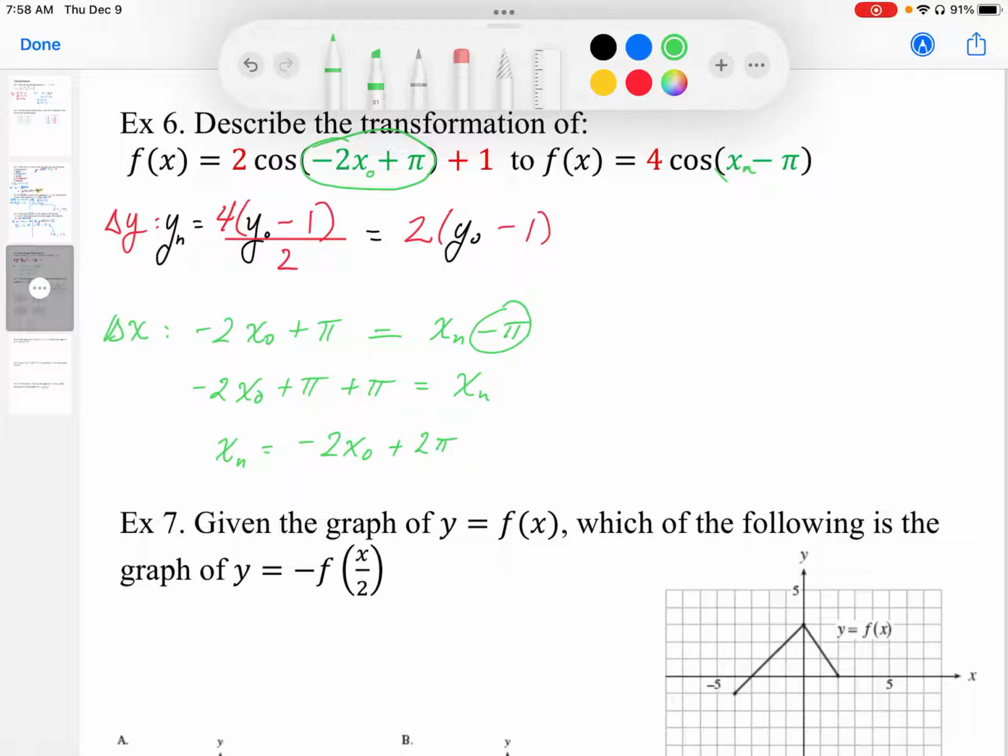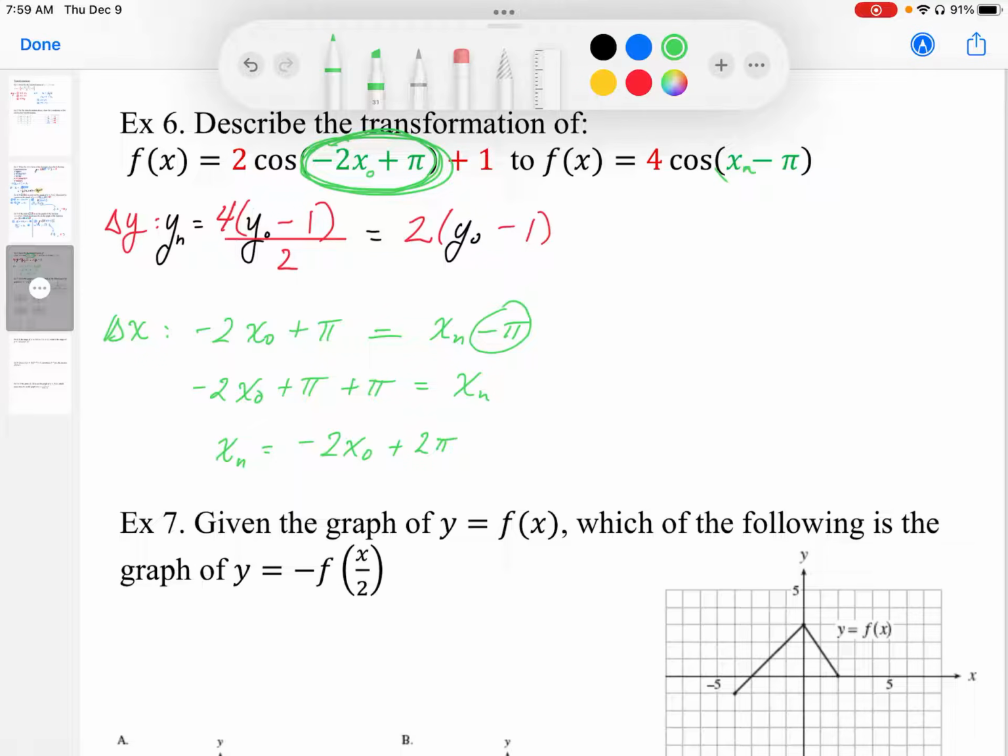So this is a very easy problem if we can just change our frame of reference. This expression as is will undo our transformation: horizontal expansion by 2, and then to the right pi. That will get back to the original one.